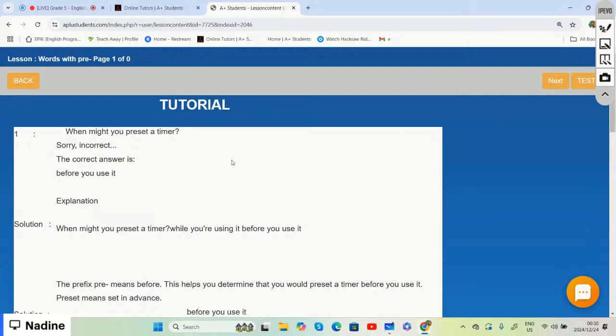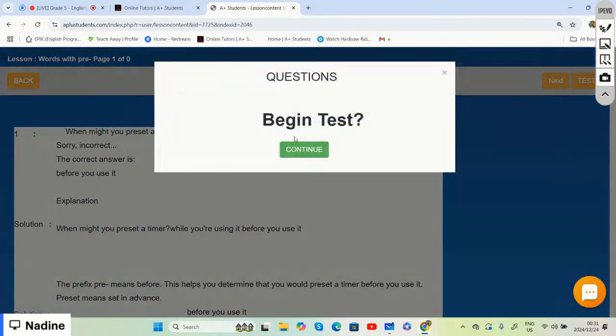So we already went over what a few of our prefixes are. All right. So now let us go to our test.